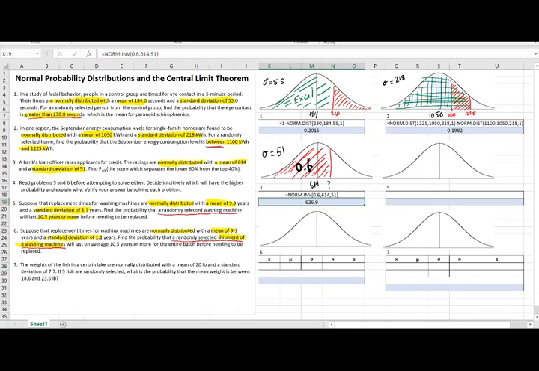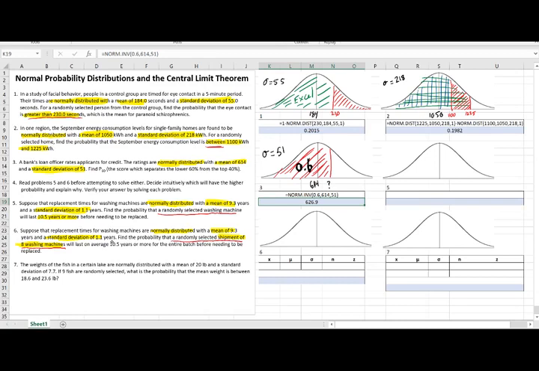Now, 10.5 years is above average. They're expected to last 9.3 years. So what is more likely, do you think? That one single washing machine lasts 1.2 years above average, 10.5 versus 9.3?